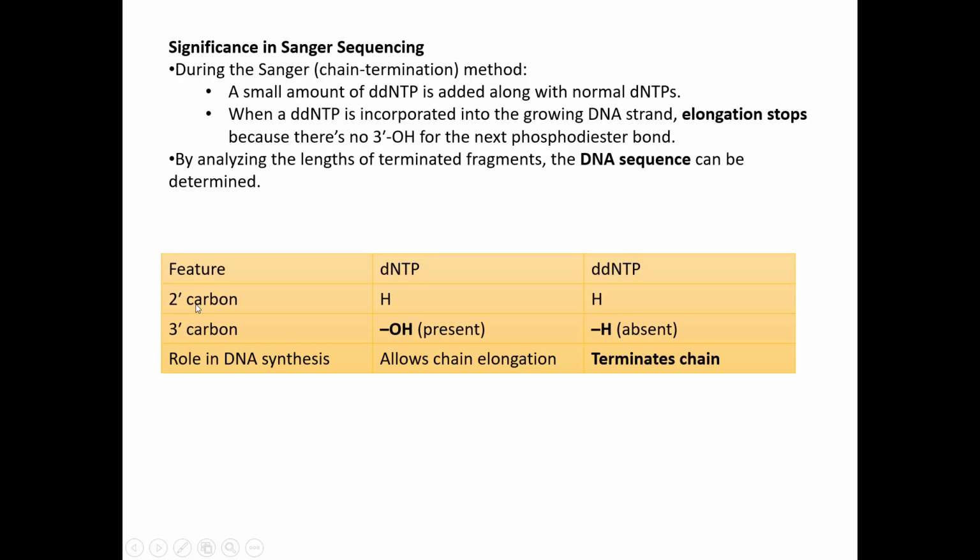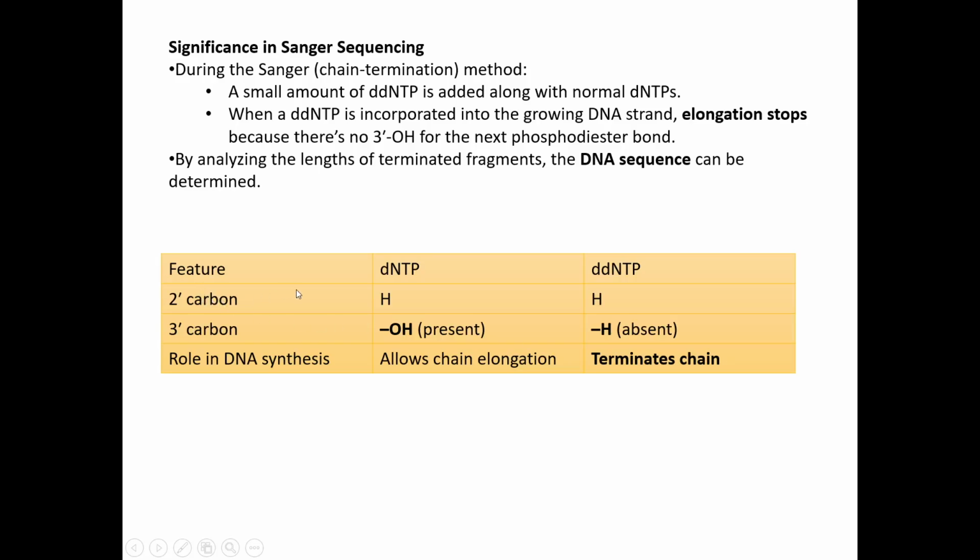So, if you have a 2' carbon with an H attached to it and a 3' carbon with an OH attached to it, this allows chain elongation. But if you have a 2' carbon with H and a 3' carbon also with H, then the chain terminates.